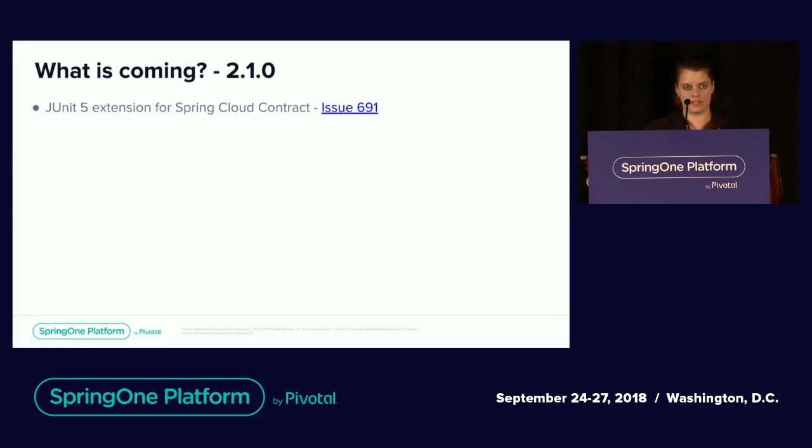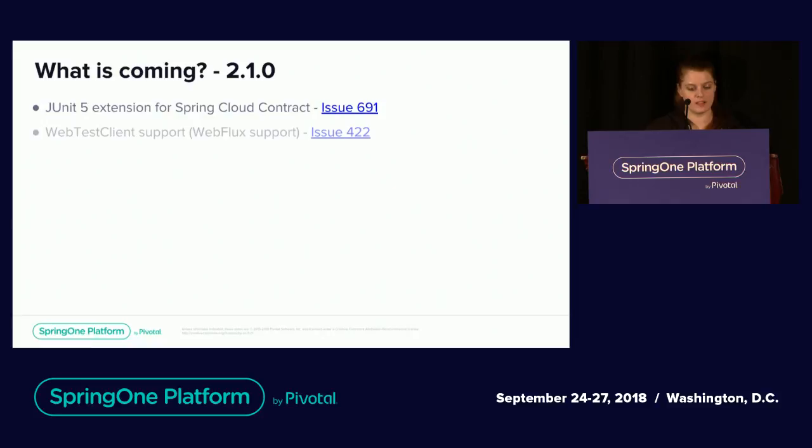And what we are going to add is an extension to also be able to use JUnit 5 on the consumer side. Anyway, you can use it with the AutoConfigureStubRunner annotation, but some people use Spring Cloud Contract even without Spring apps, so they don't use the AutoConfigureStubRunner, and they use rules. Of course in JUnit 5 we will not have rules, and we will have an extension for that.